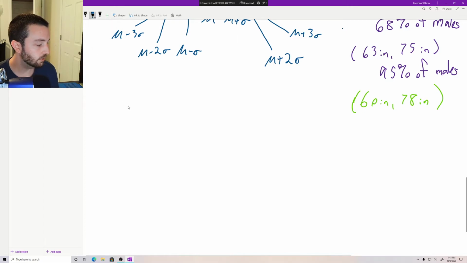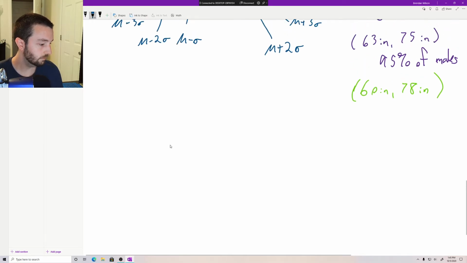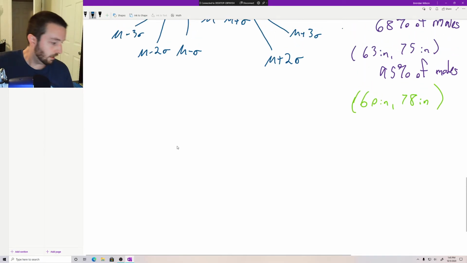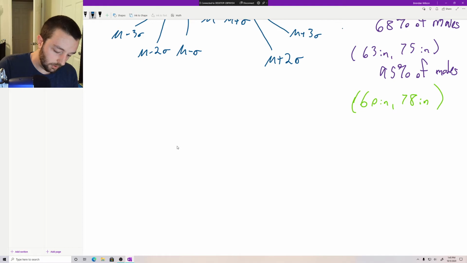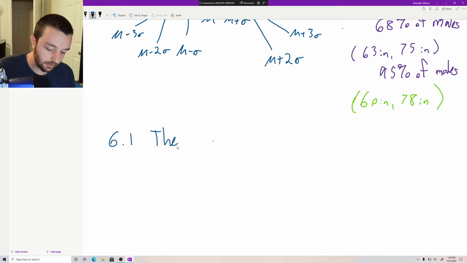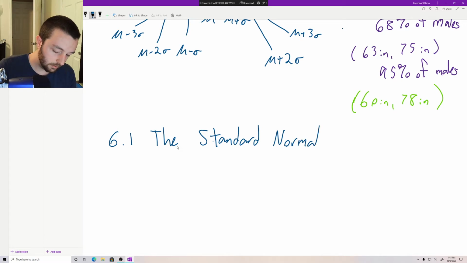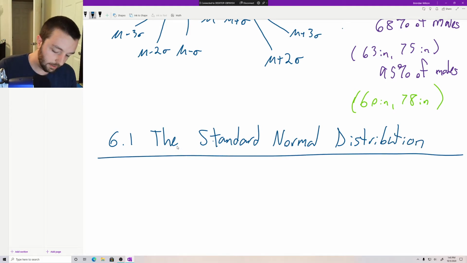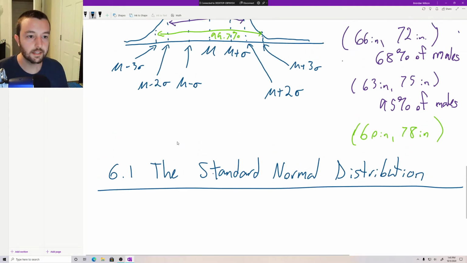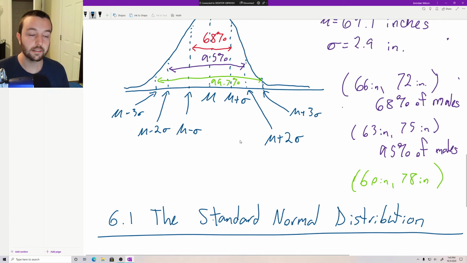So let's move on now to 6.1. 6.1 talks about the standard normal distribution. Okay. So the thing with the normal distribution is that this mu and this sigma, they could be anything.